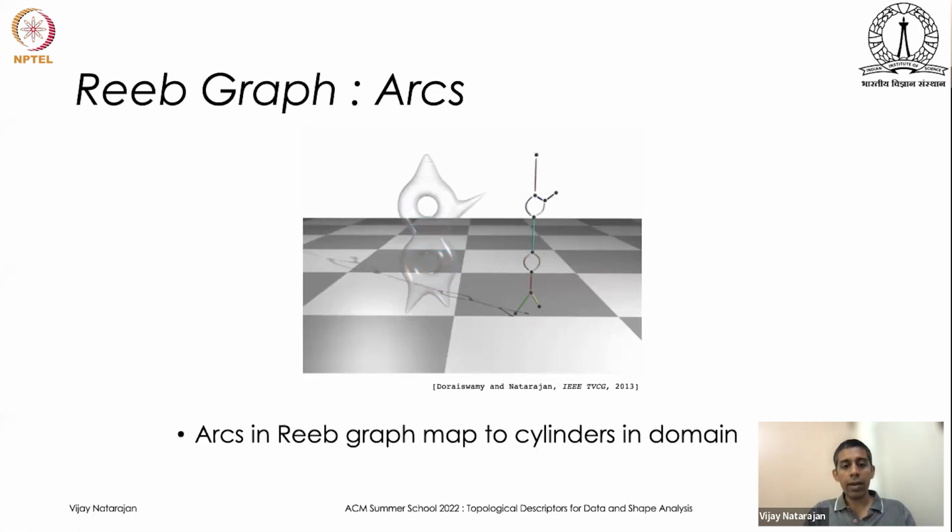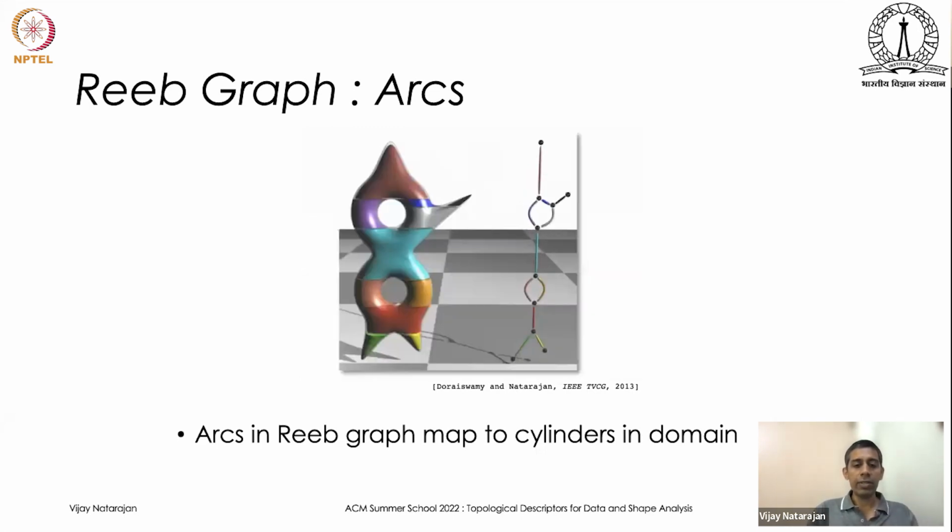So essentially, every arc in the Reeb graph is a map from a collection of level sets. If you take this collection of level sets, they form a cylinder, right? And that cylinder looks like this. So every cylinder on the left is essentially mapped to one arc of the Reeb graph.